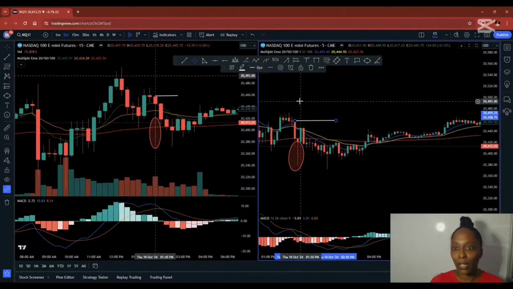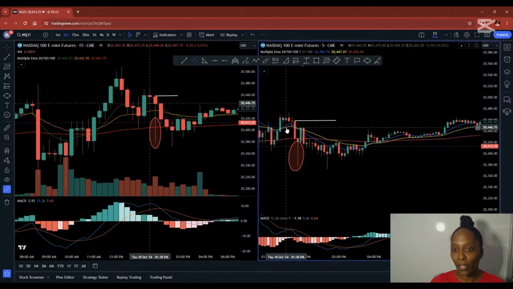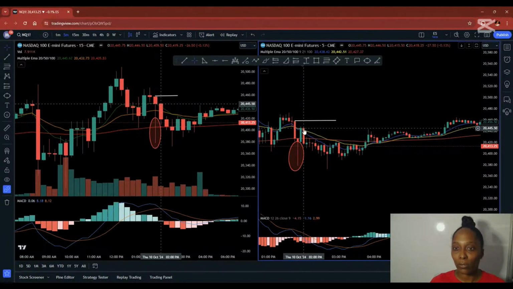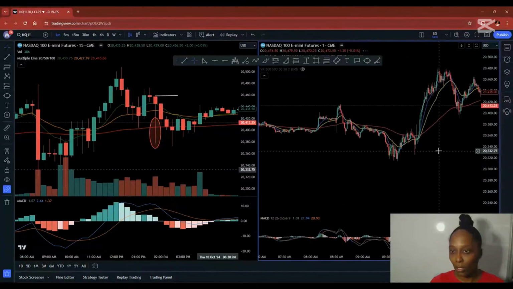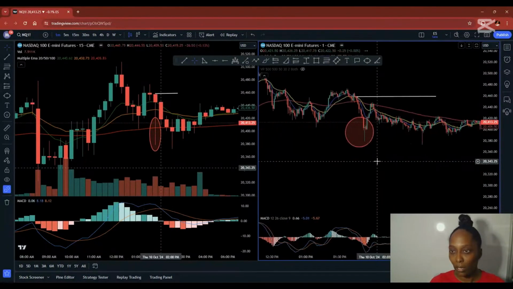So for me, what that's telling me is that this is a failed 3-bar reversal pattern and that we're not going to reverse. So if I see that, then I need to exit on the open of this candle. This candle opened red, it barely pushed up, it starts to sell down. I need to get out on the open of that candle.